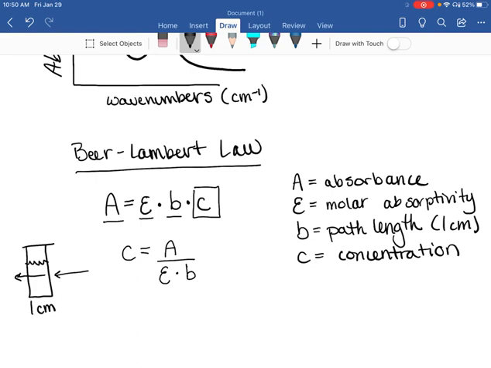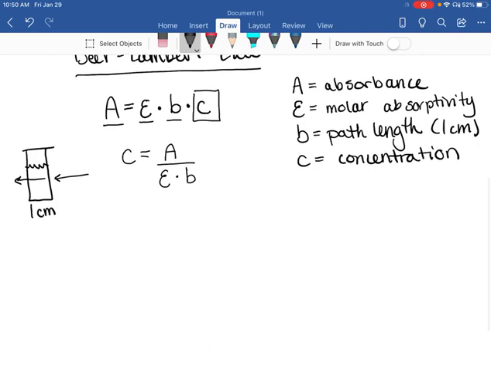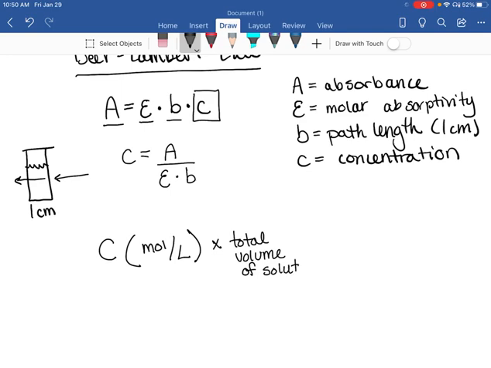In your post lab, you're also asked to determine the number of milligrams of carotene in your sample. So once you have your concentration, remember the units will be moles per liter. And what you can do is cancel out liters by multiplying the concentration by the total volume of solution. And you can find the total volume that was used in the lab data document.